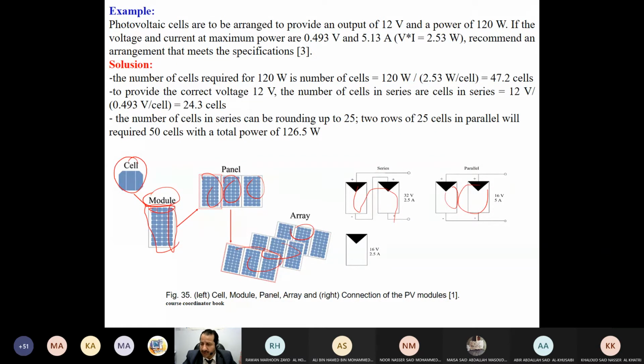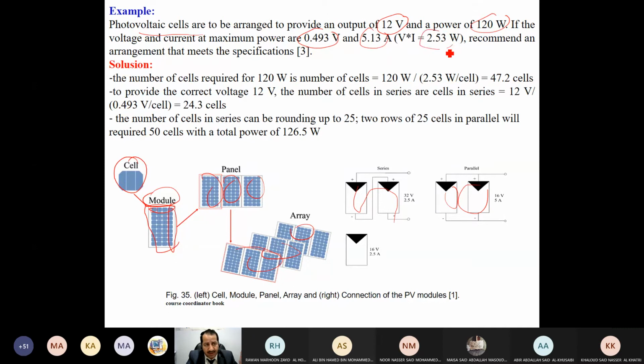How do we increase the voltage? Our panel has high power, high current. How can we do this? Have a look at this example. Photovoltaic cells are to be arranged to provide an output of 12 volts, and the power 120 watts. The voltage and current at maximum power are 0.49 volts and 5.1 amperes.